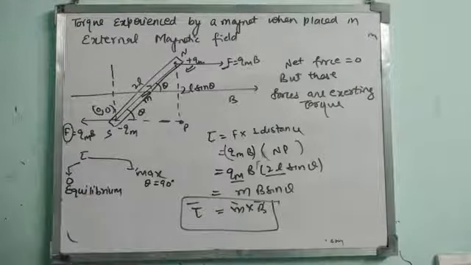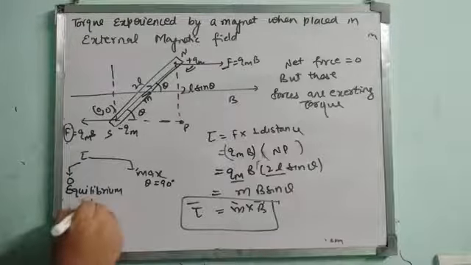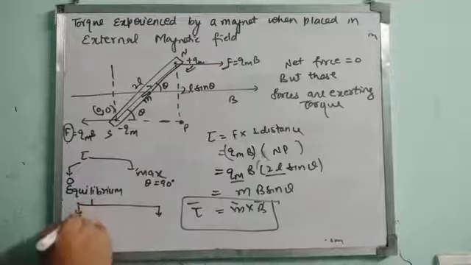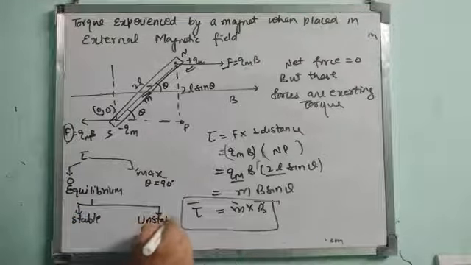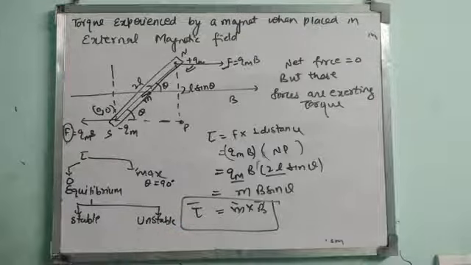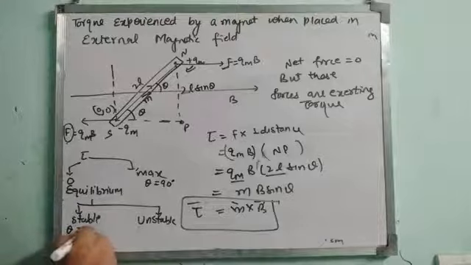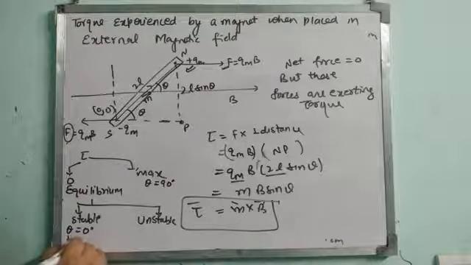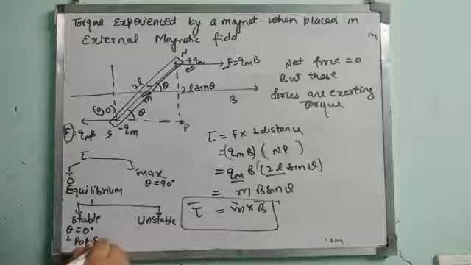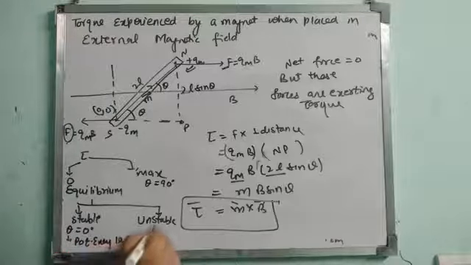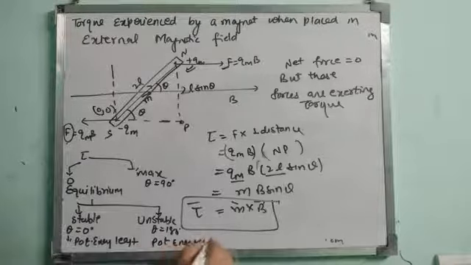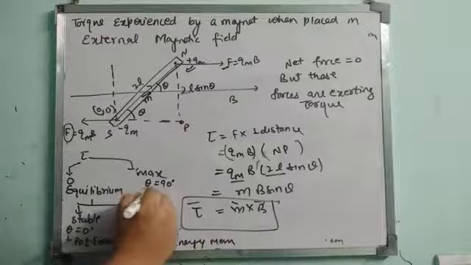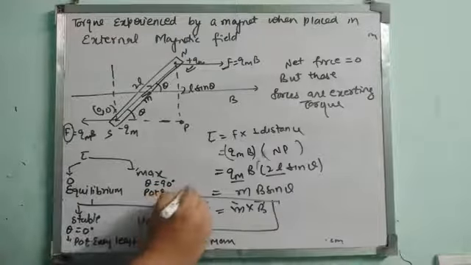There are two cases of equilibrium, stable and unstable, which we already discussed in the first chapter. In stable equilibrium, theta is 0 degrees because the potential energy becomes least. Here theta is 180 degrees, potential energy is maximum. And when the torque is maximum, then potential energy is 0.